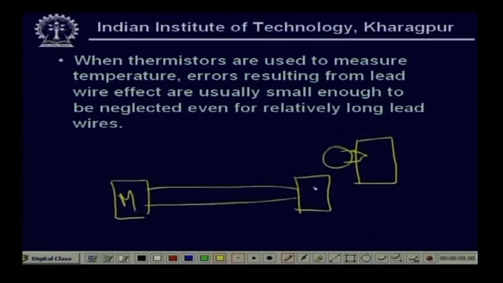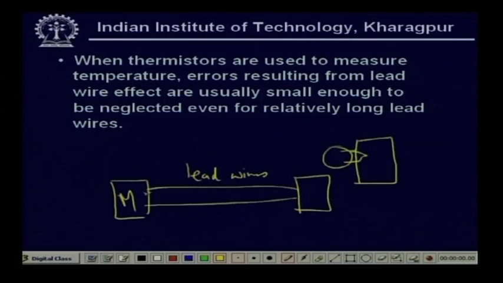Here I have the sensor, suppose the sensor is inside. So, this is the lead wire. It can be a few meters also. It is the same in all temperature measurement, whether it is thermocouple, thermistor or RTD, it does not matter. So, this lead wire creates the problem.